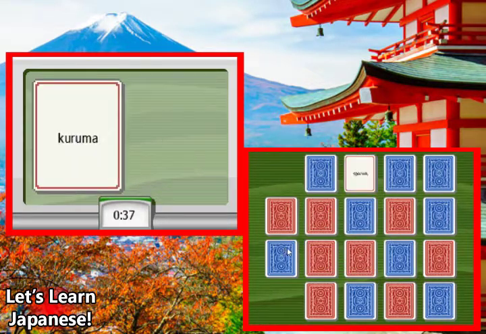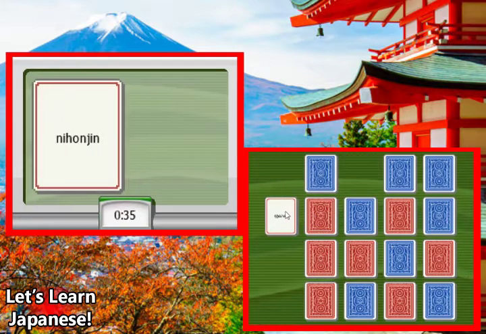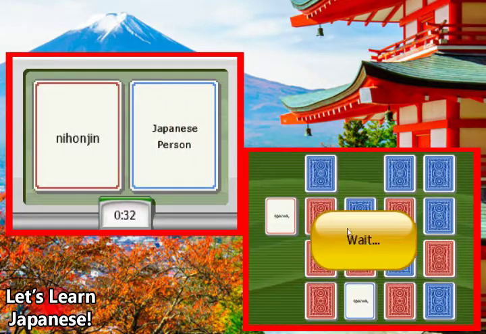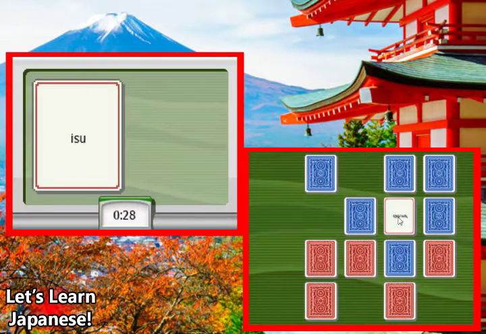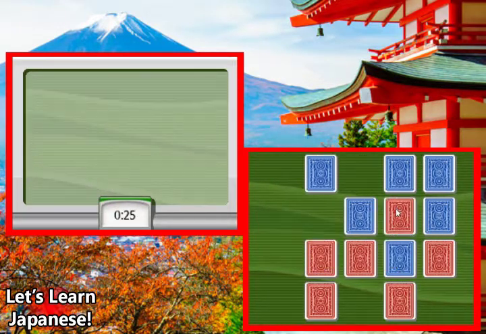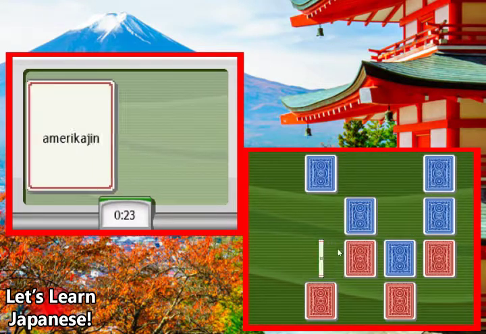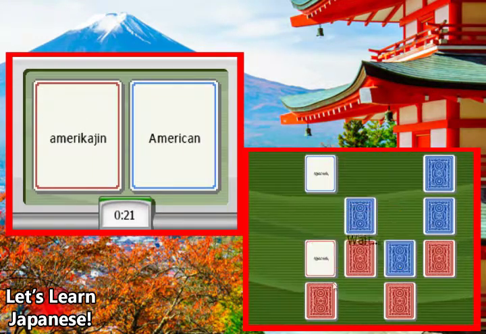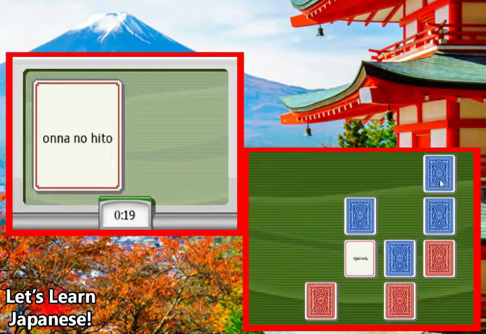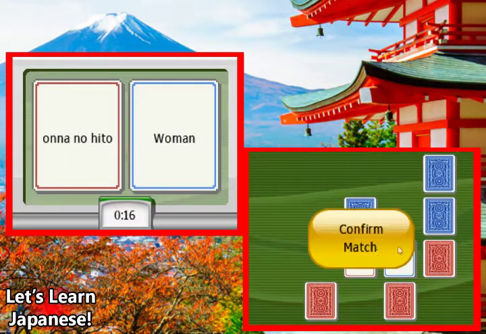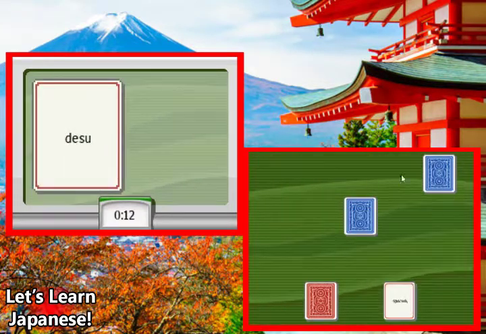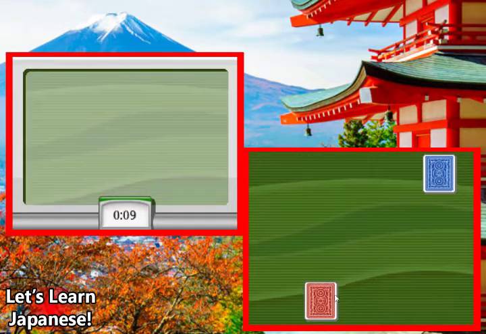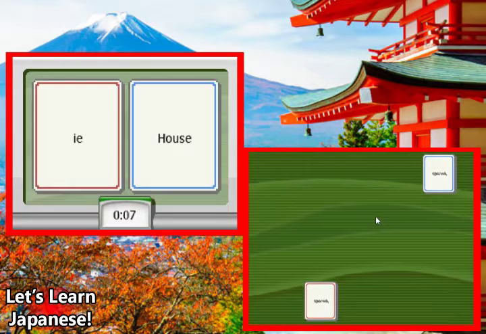Nihonjin is Japanese person. Otoko no hito, man. Oh, I might get this. Where was chair? Chair. Isu. Amerikajin, American. Onna no hito was woman. Ko, child. Desu, to be. Ie, house. Crushed it.